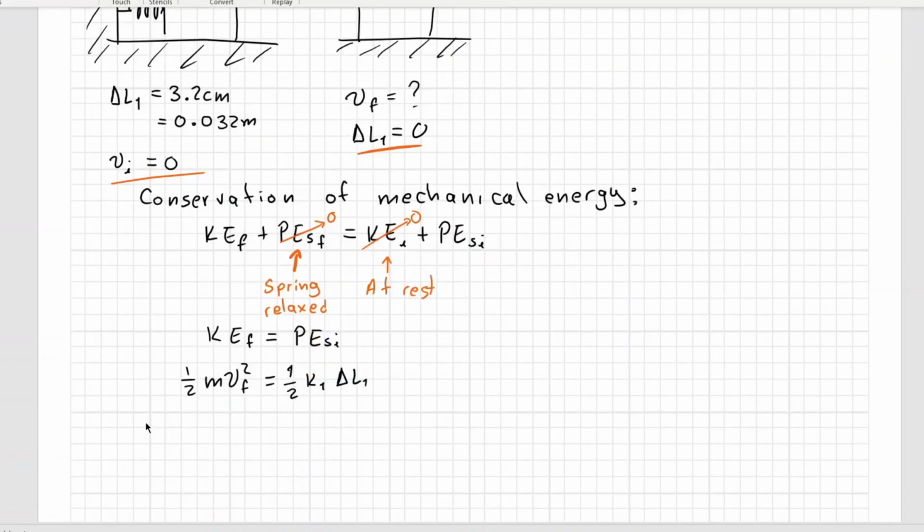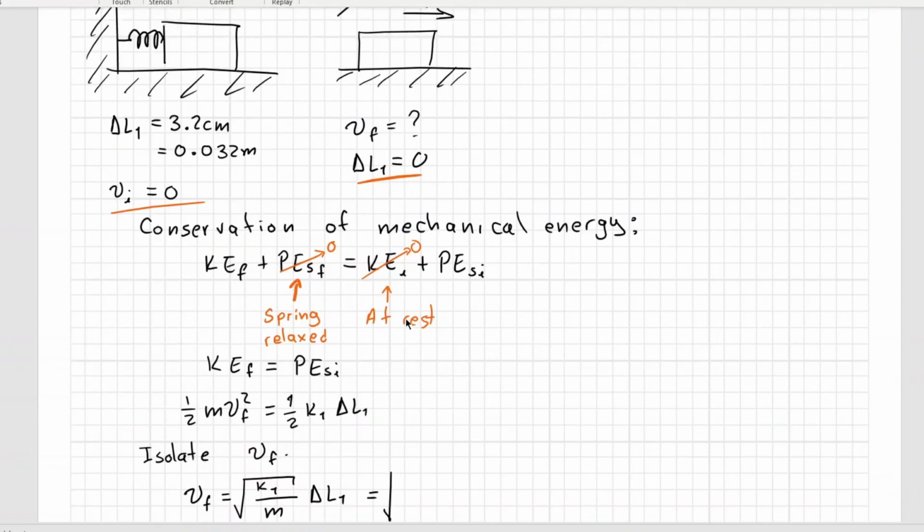From here, we isolate the final velocity. The factors of 1/2 cancel because they appear on each side of the equation. And we are ready to plug in the values.